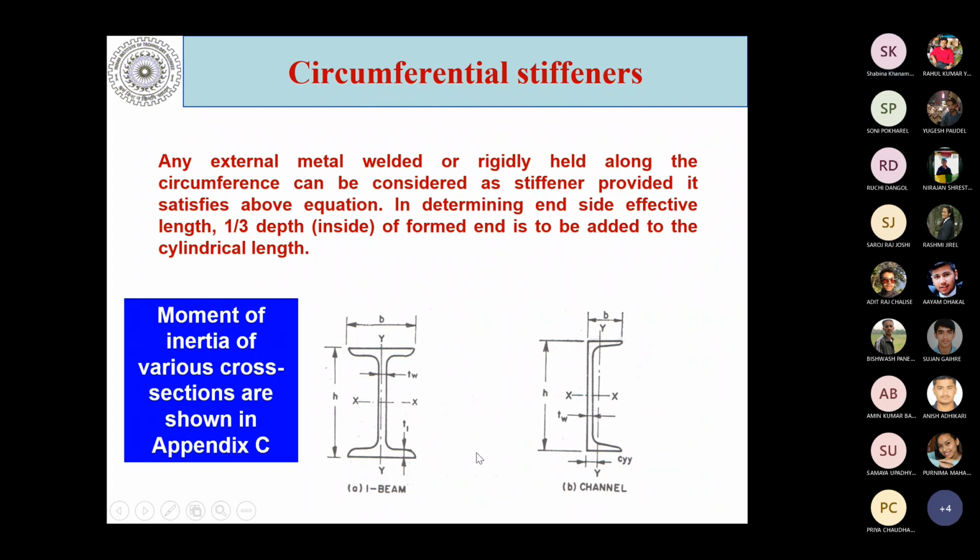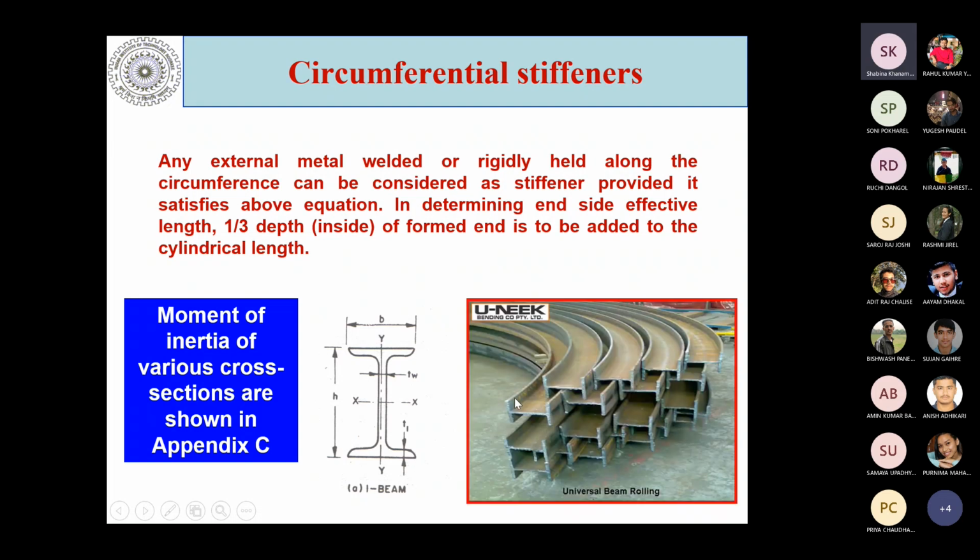So what it signifies is when this I beam is welded at this part, I hope you are getting my point. Because when we consider the stiffening rings, these are like this. So if you see, this is B. Fine, this is B. This height is H.